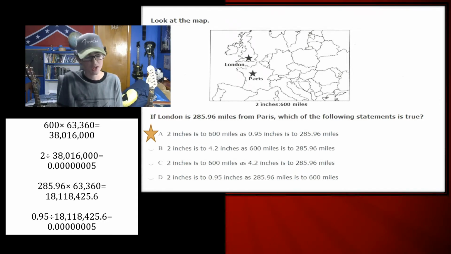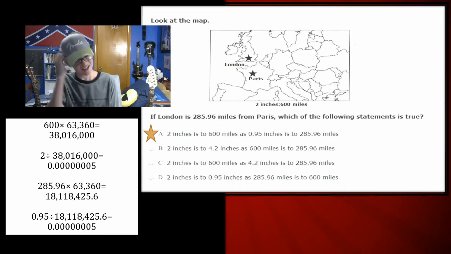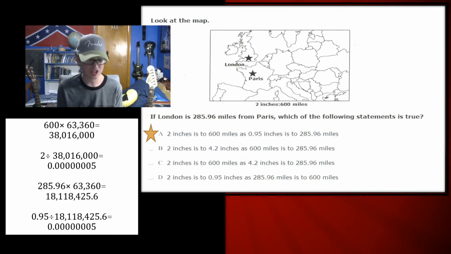Okay. So, let's start with question A, because we gotta go A, B, C, D, you know? Okay. So, 2 inches is to 600 miles, as 0.95 inches is to 285.96 miles. Well, 1 mile is 63,360 inches.